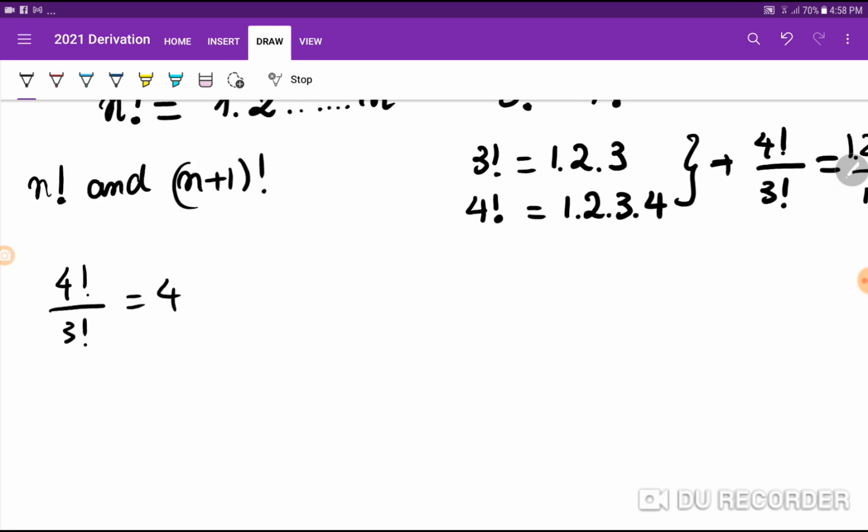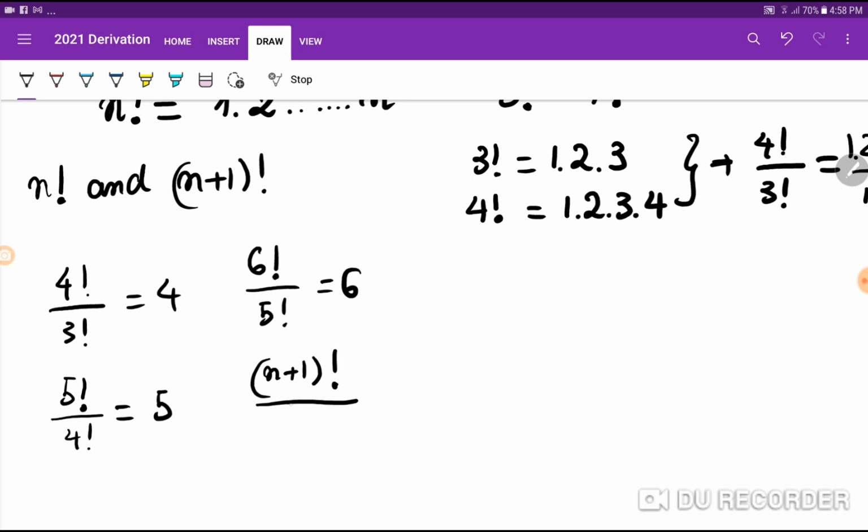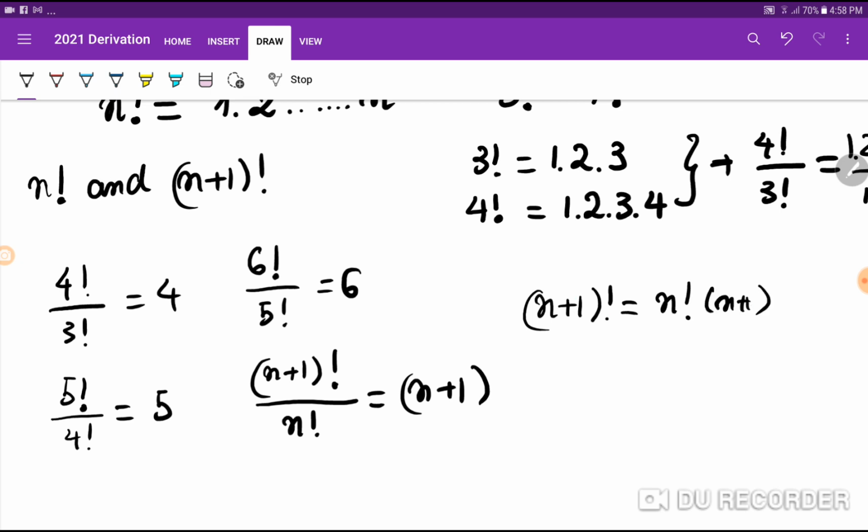Similarly, 5 factorial over 4 factorial equals 5, and 6 factorial over 5 factorial equals 6. So n plus 1 factorial over n factorial equals n plus 1. Okay, so n plus 1 factorial equals n factorial times n plus 1.